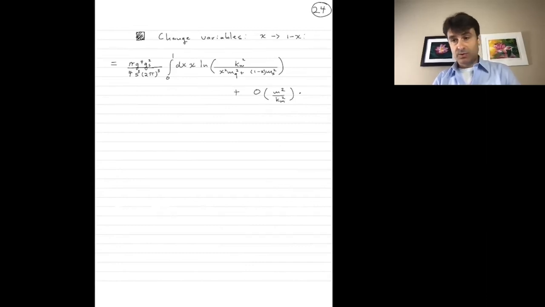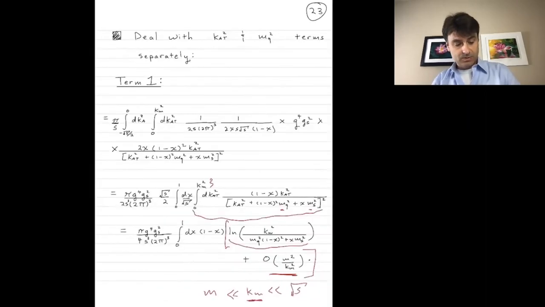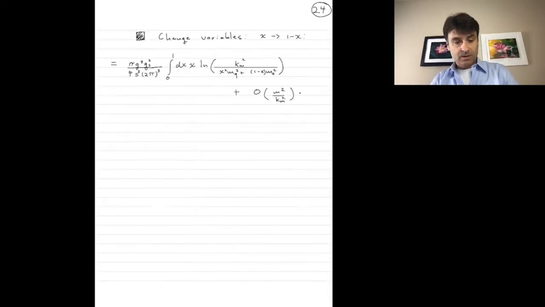So one thing I'm going to do to make comparing with the other graphs simpler is change variables from x to 1 minus x, and all that does is change this coefficient inside the integrand from 1 minus x to x, and it's going to change this factor multiplying mq squared to x squared and this x to 1 minus x, and so I get an expression like this.